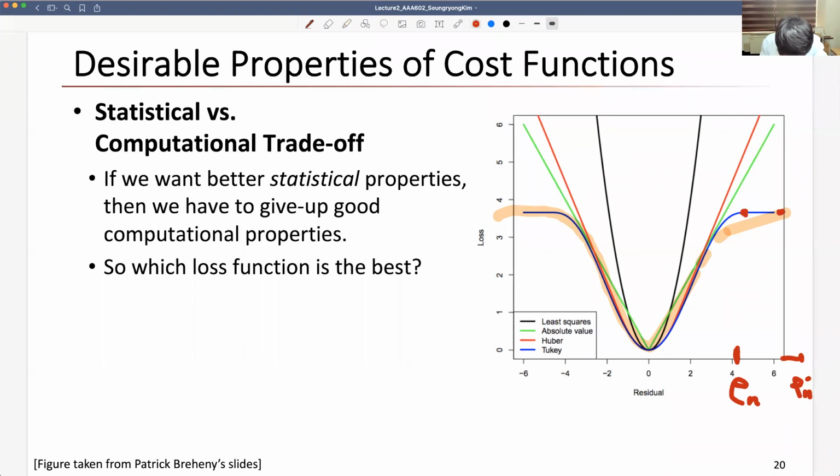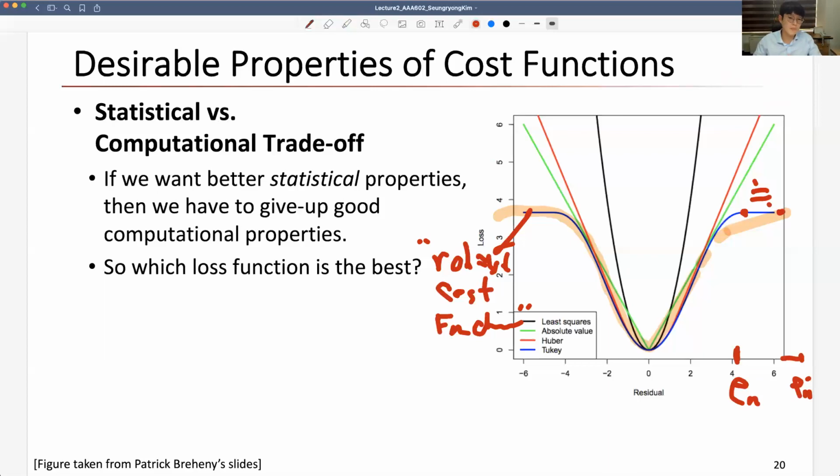This loss function might be the same, right? So this cost function is called the robust cost function, which will have better performance than the previous simple loss functions, something like the least square or MSE or MAE case, right?